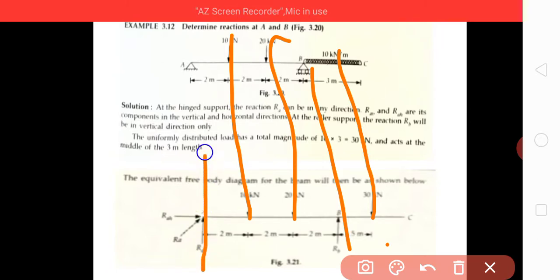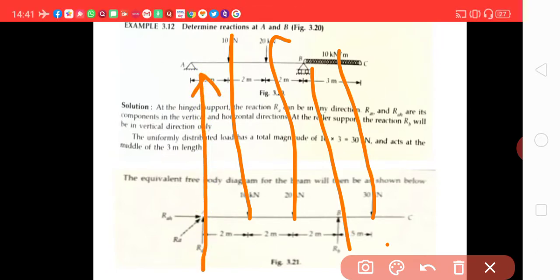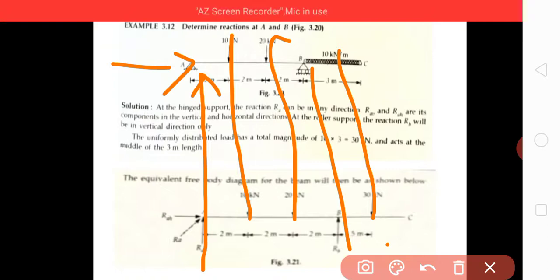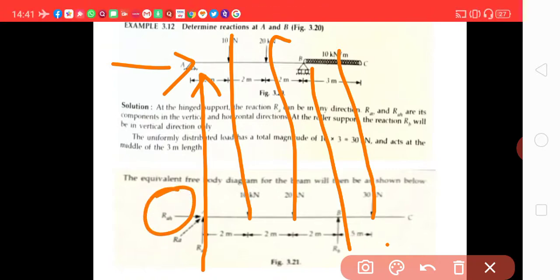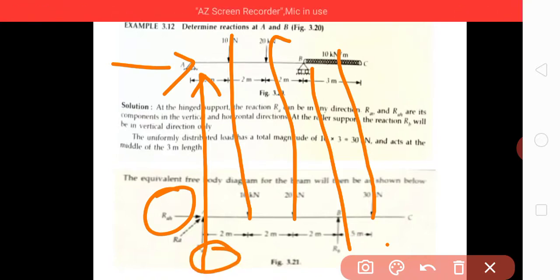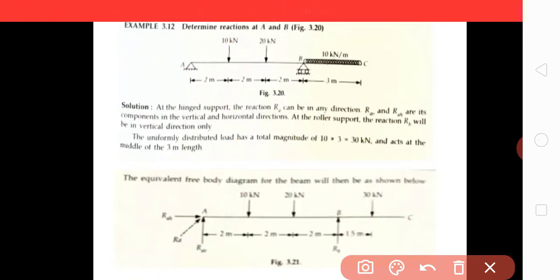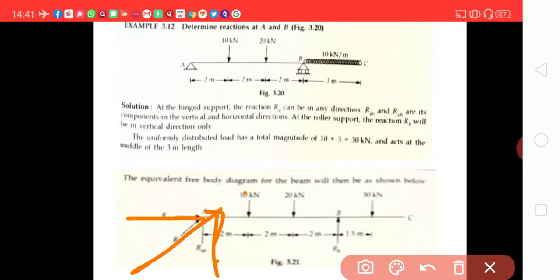This hinge joint will be having 2 reactions. That is RAH, this is RAH, this is RAV. And the resultant of these will be found out by squaring these two, adding and then taking the square root.